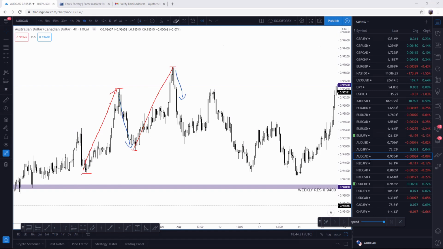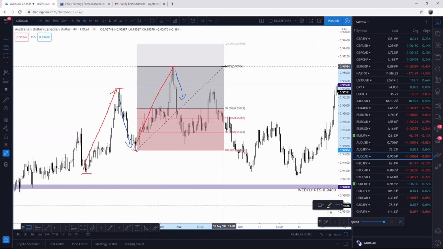The rule hasn't changed. What should you do? Quickly pick your Fibonacci measure from this swing point to that swing point, and then you're interested in the discounted pricing area, which is anywhere beneath this 50%, and then the 78.6, right? So what do you do?